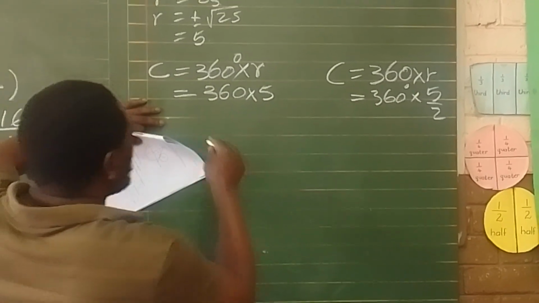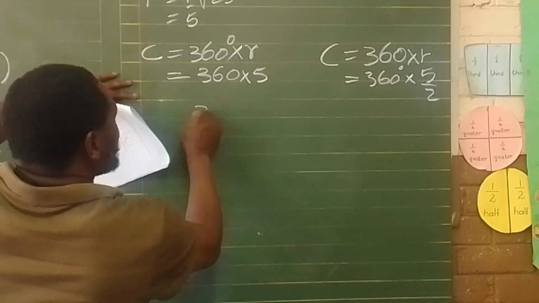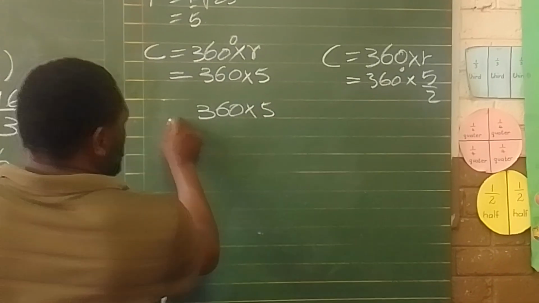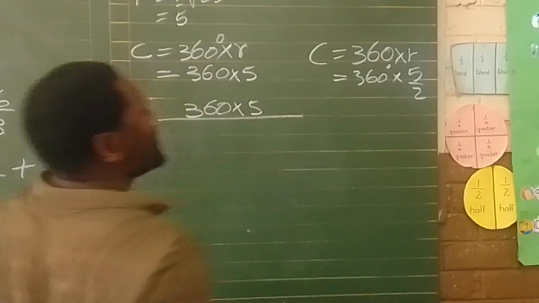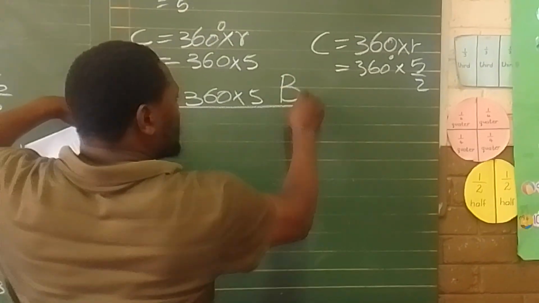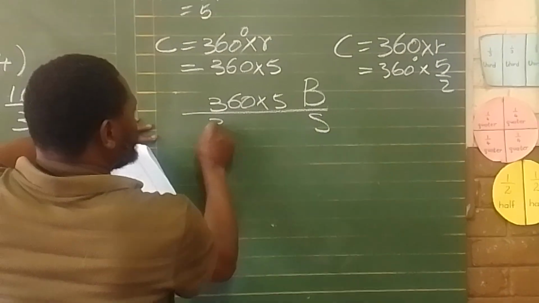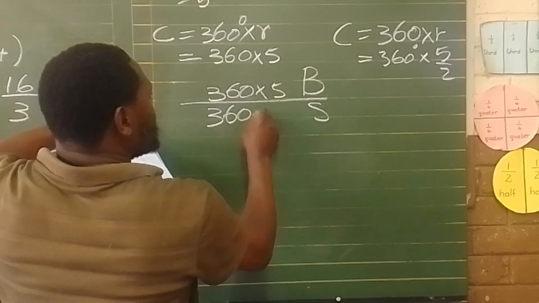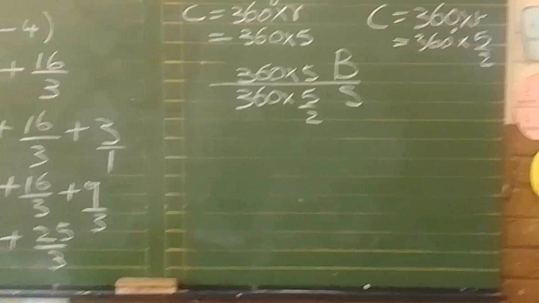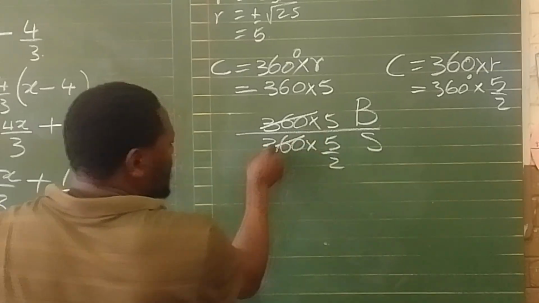So if one revolution of this is taking 360 degrees multiplied by 5, let's divide that, big circle over small circle. What we have here, we have 360 from the small circle multiplied by 5 over 2. The 360 cancels.